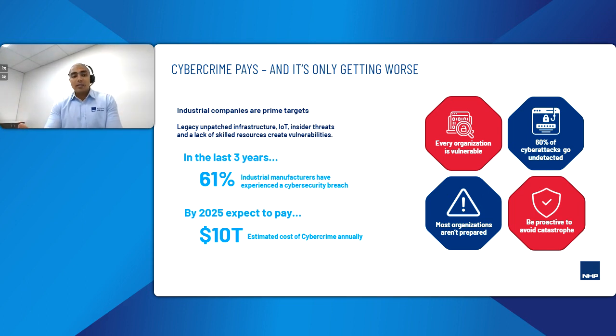Some of these legacy systems are unpatched infrastructure. As well, across the last 10 years, we have been installing IoT devices that have Ethernet connectivity. Sometimes we can't control who is installing this, because in an end user or in a factory, there are a lot of contractors or external parties working there. We don't know sometimes what is installed.